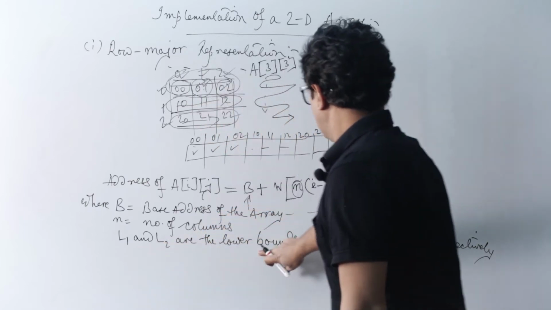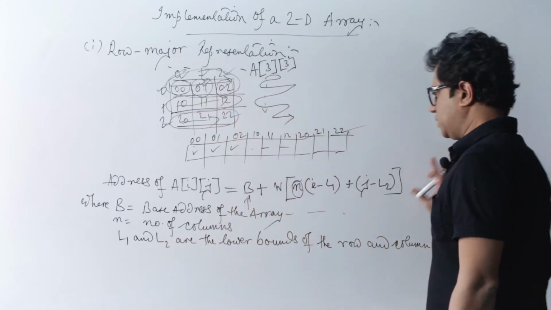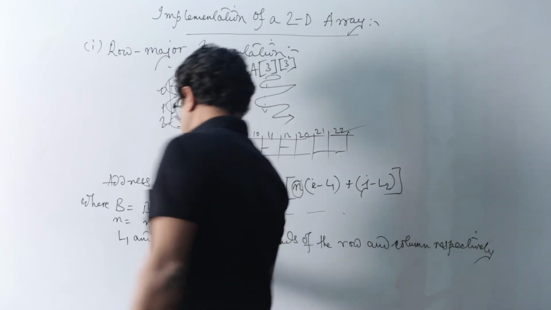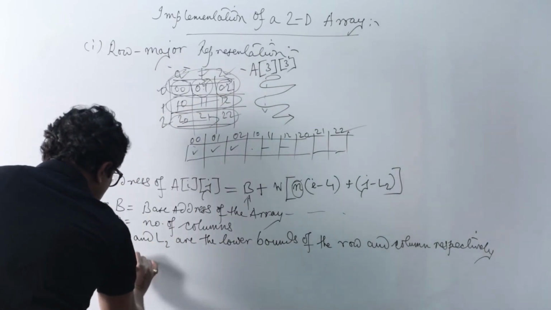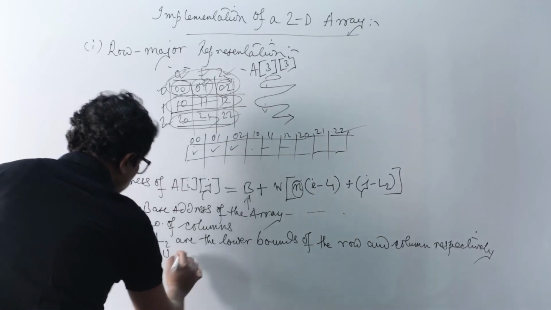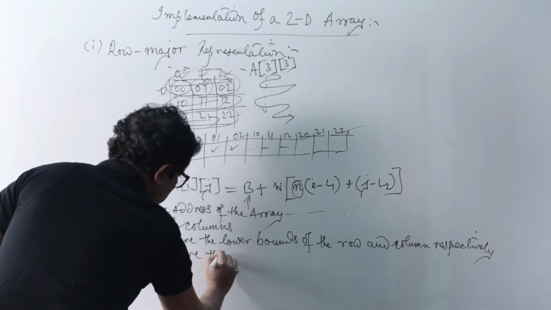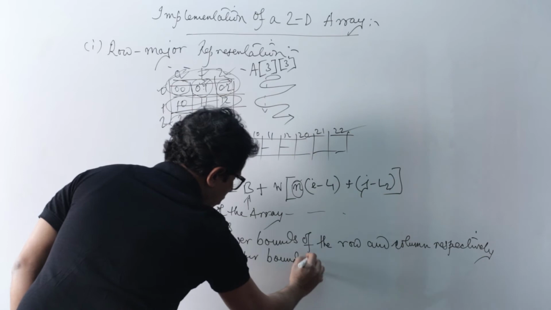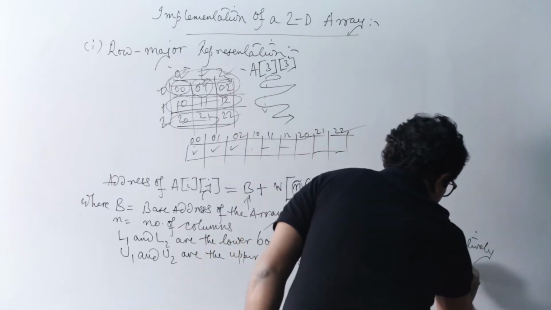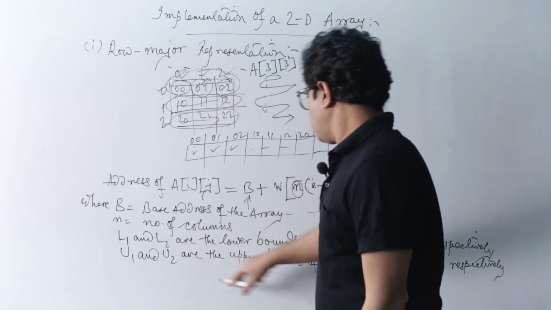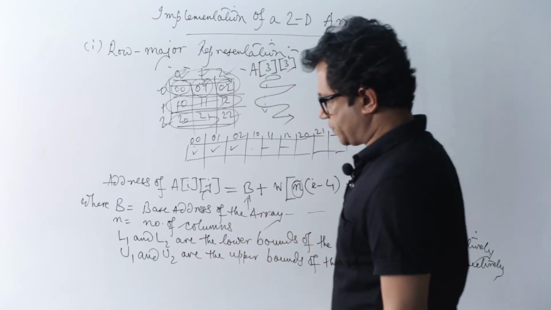And there are other parameters as well which are quite similar to this concept, that is U1 and U2. U1 and U2 are the upper bounds of the row and column respectively.